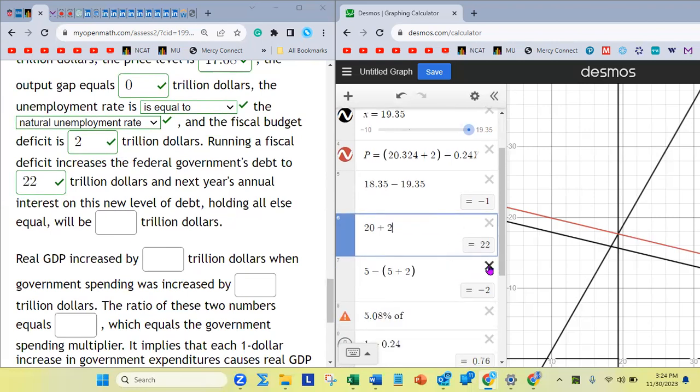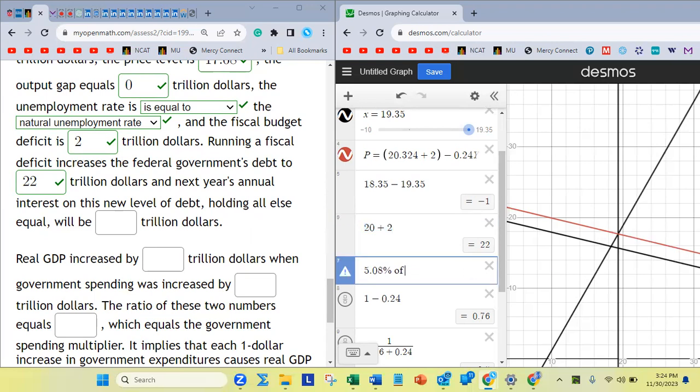Remember, we were paying 5.08% on this last year. We're going to pay 5.08% on it this year, right? So we're going to multiply the 5.08% by the $22 trillion in new debt, our new national debt, right?